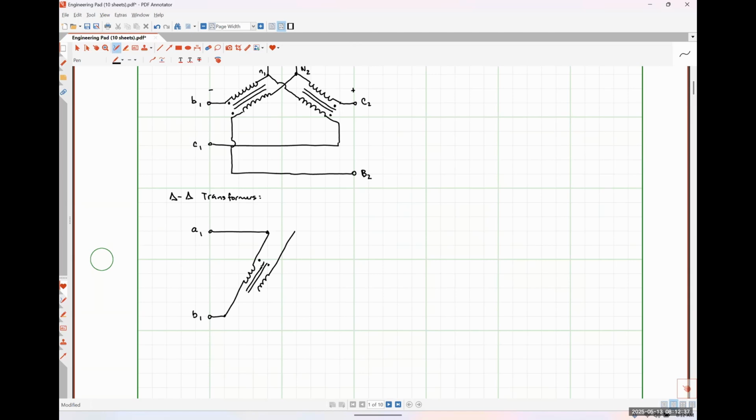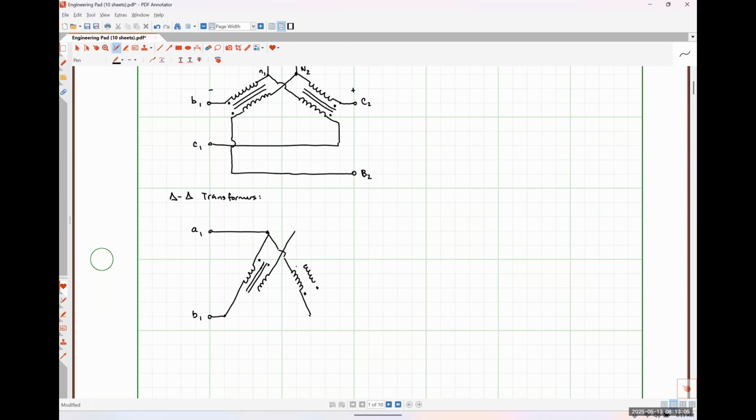I'm going to try to continue drawing some things here. So let me think. 1, 2, 3. So let's jump that over. Let's put the dot for this guy on the bottom like so.